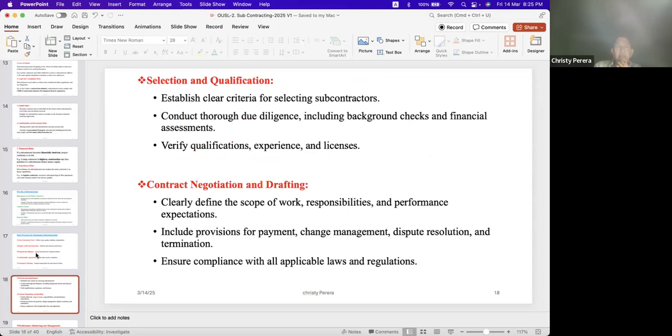Selection and qualification. Now, when you select a subcontractor, these are the best practices. When you are selecting a subcontractor, you'll have to fix clear criteria. Otherwise, if the qualifications do not fit, don't select a subcontractor.